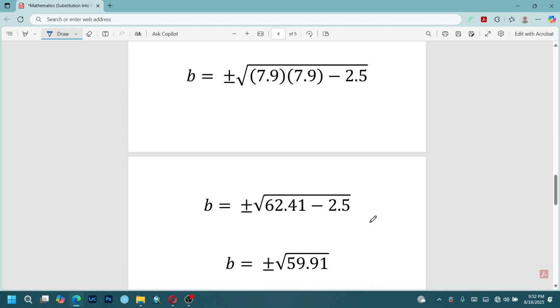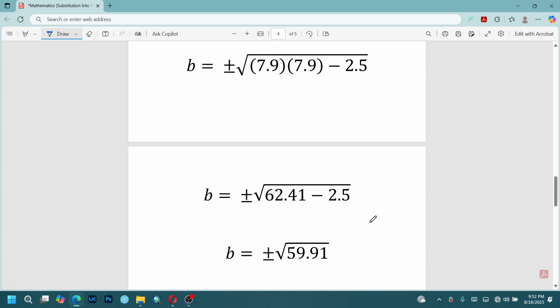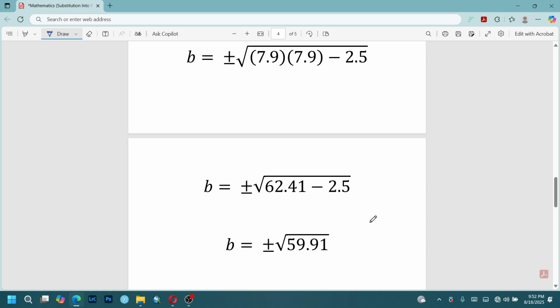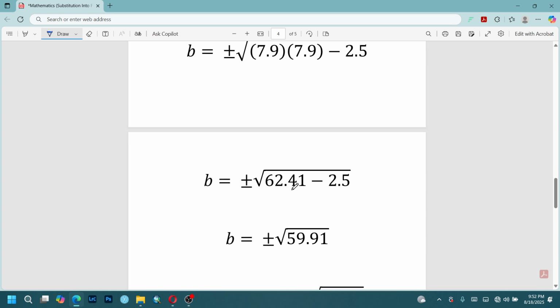Hence, b equals plus or minus the square root of 62.41 minus 2.5. And 62.41 minus 2.5 will give us 59.91. So our b is going to be plus or minus the square root of 59.91.